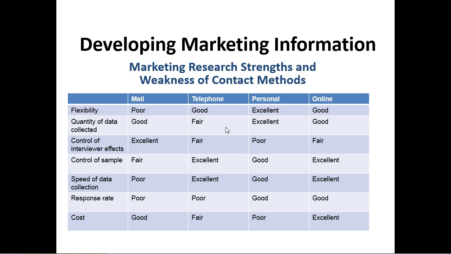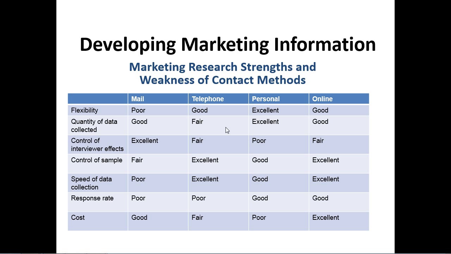That's going to be the key issue when it comes to online data. Control of the sample, I think that is also good with online, but you have to be very targeted in terms of who you send the link to, Qualtrics, SurveyMonkey, whoever you're using, making sure that how you connect with them is going to screen them in as a good participant.